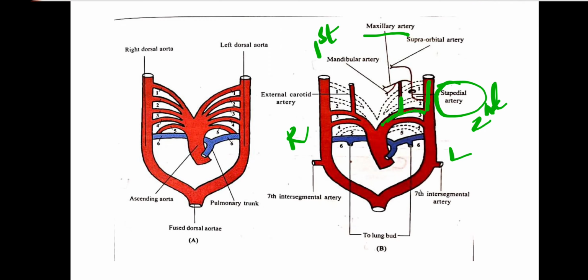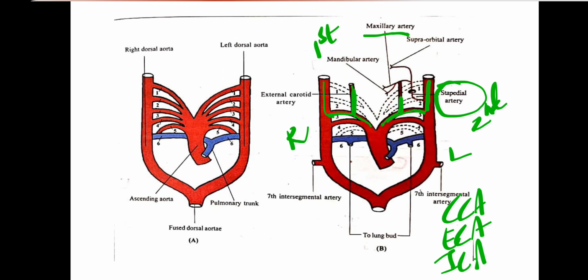The initial part becomes the common carotid artery. It gives off a sprout which becomes the external carotid artery, and the remaining part of the third arch becomes the internal carotid artery along with the dorsal aorta. So the third arch fate is the common carotid artery, external carotid artery, and internal carotid artery.